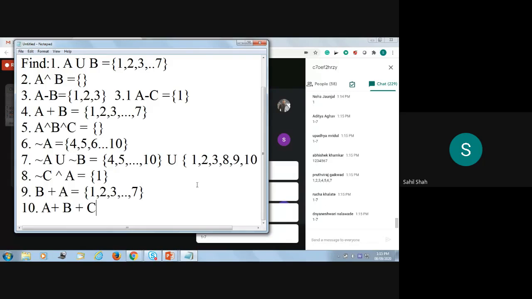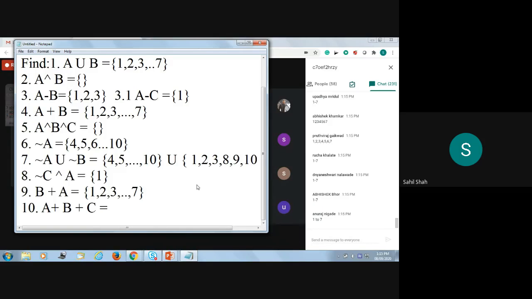A plus B plus C. Are you talking about example number 10 now? Symmetric difference of three sets A, B, C. How to compute?